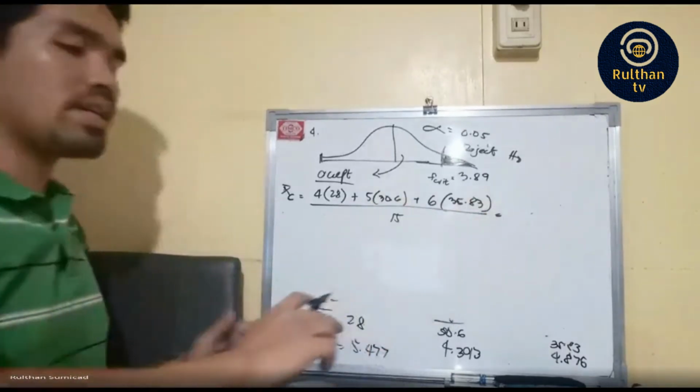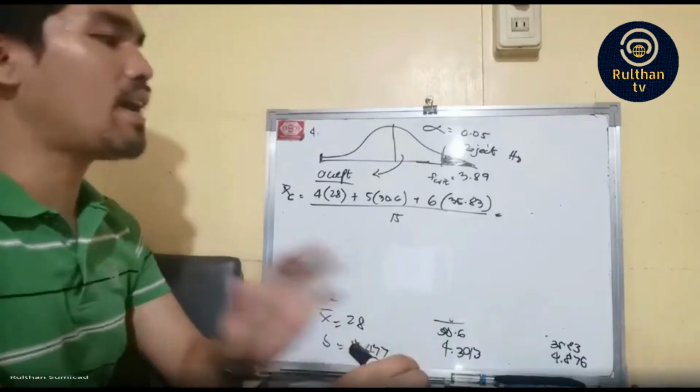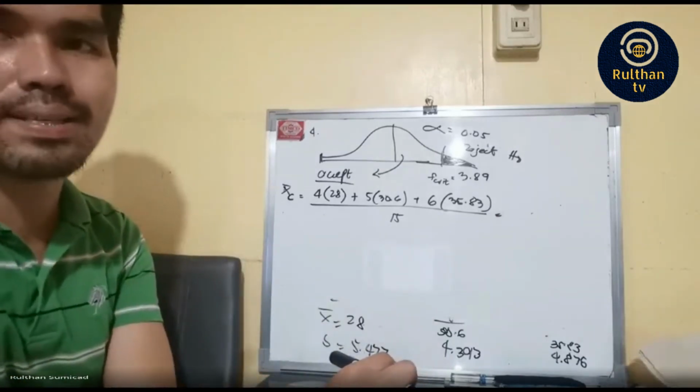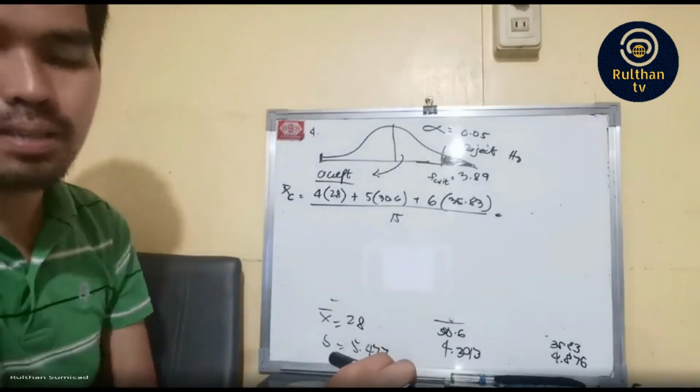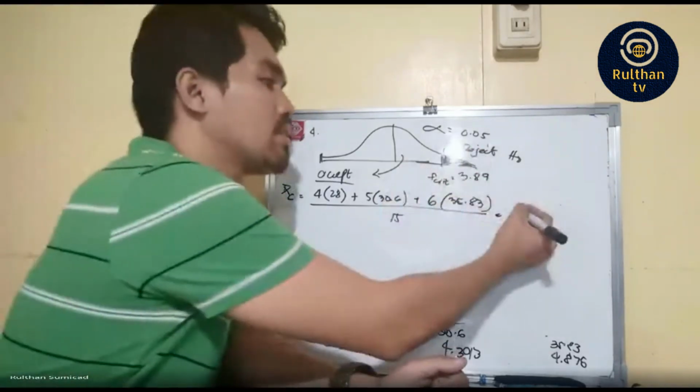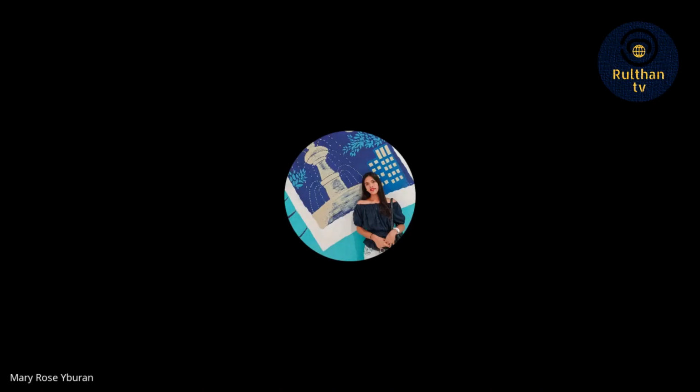Correct? What is your grand mean? Round it to the nearest thousandths place, to three decimal places. The answer is 32.